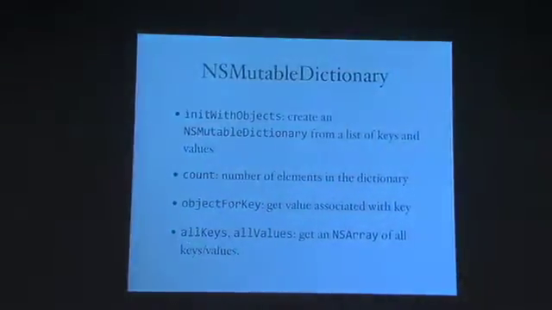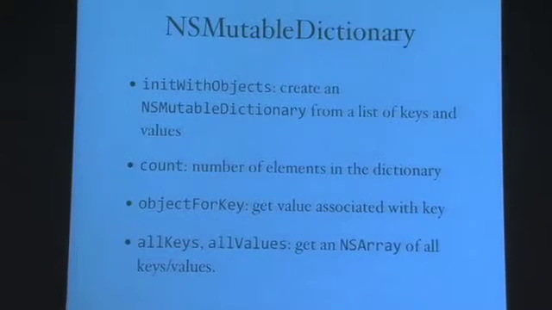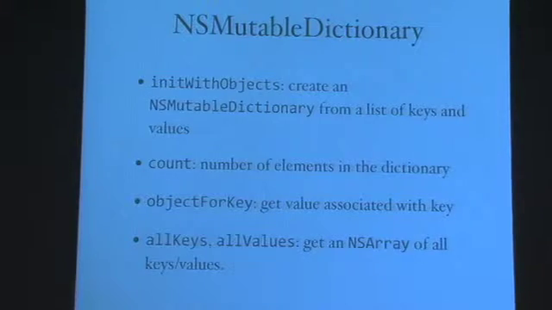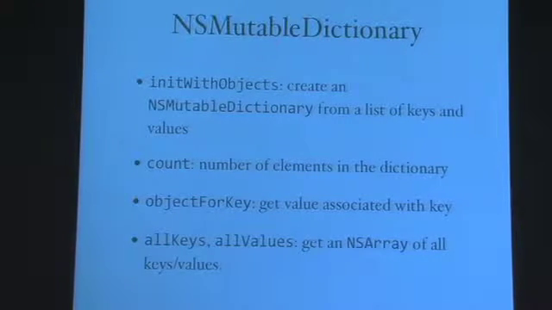But you can find all of your keys, all of your values, and you can pull up the object for each of your keys. The dictionary can only have a single value for one key. So if you ever need to have one key having multiple values, there's nothing to say a dictionary can't hold an array or an NSMutableArray, so that you can simulate multiple values for one key.